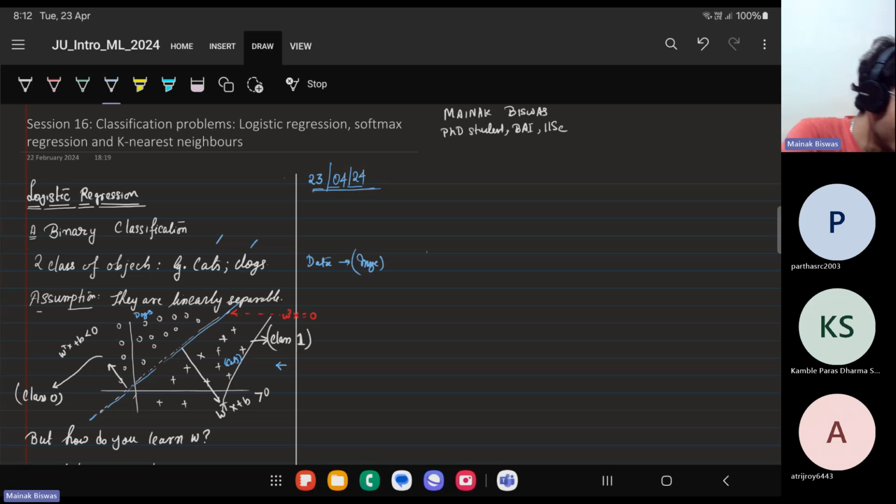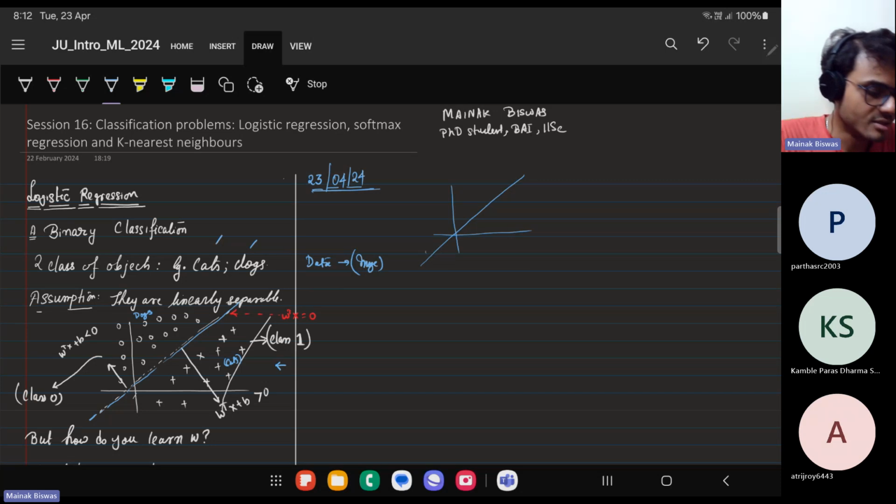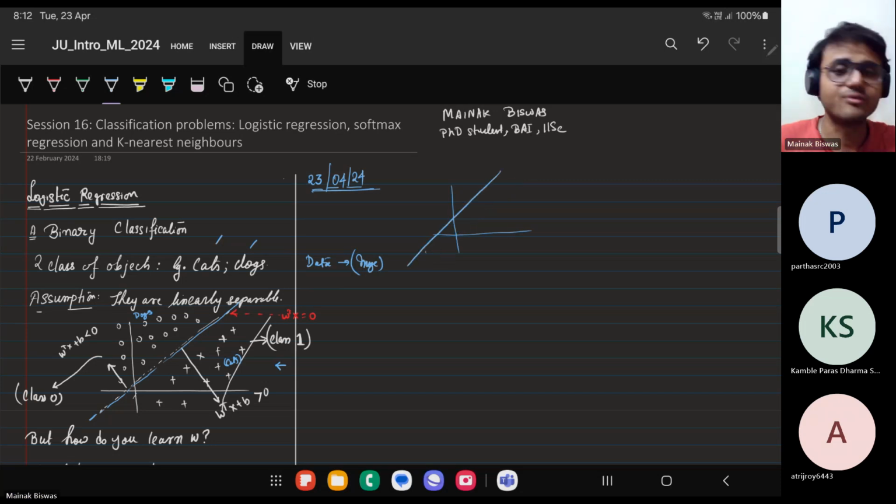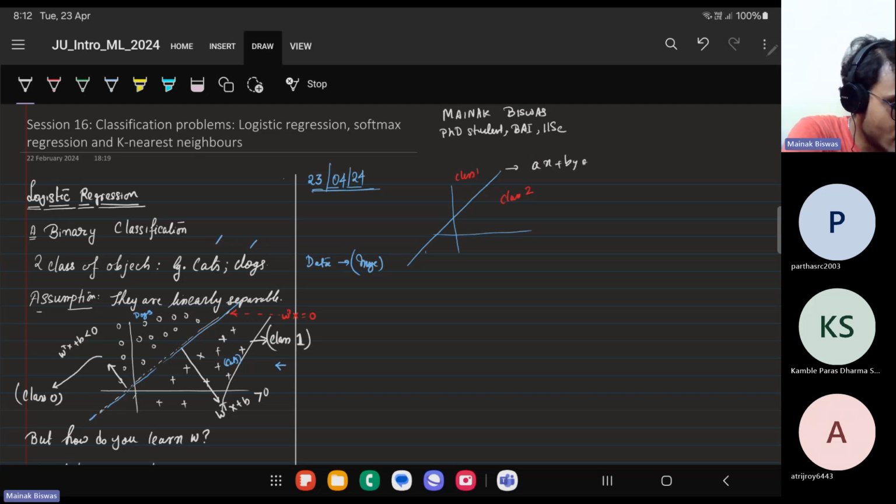Say it's linear. So do you agree that if the data is linearly separable, that is, a line can separate them, say class 1 and class 2, and this line has an equation ax plus by plus c equal to 0, say L of x,y equal to 0, then one side of the line L of x,y will be greater than 0 and the other side will be less than 0, right?